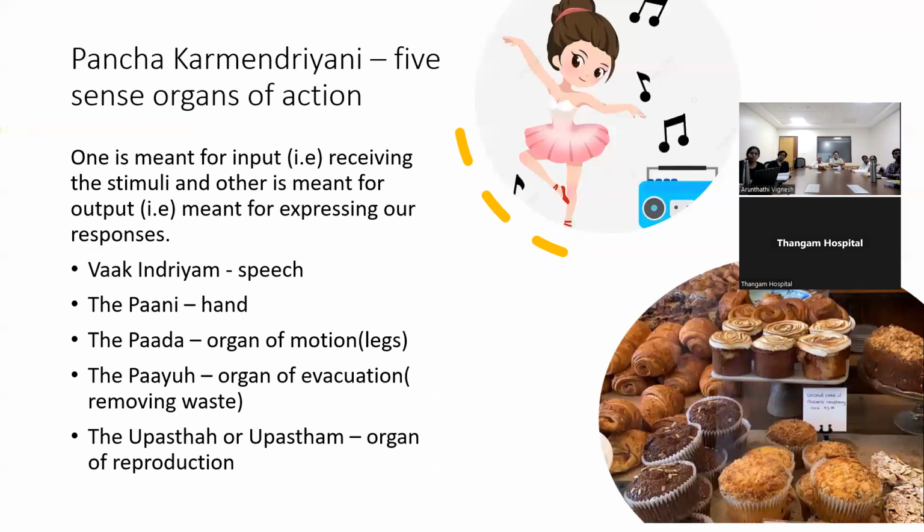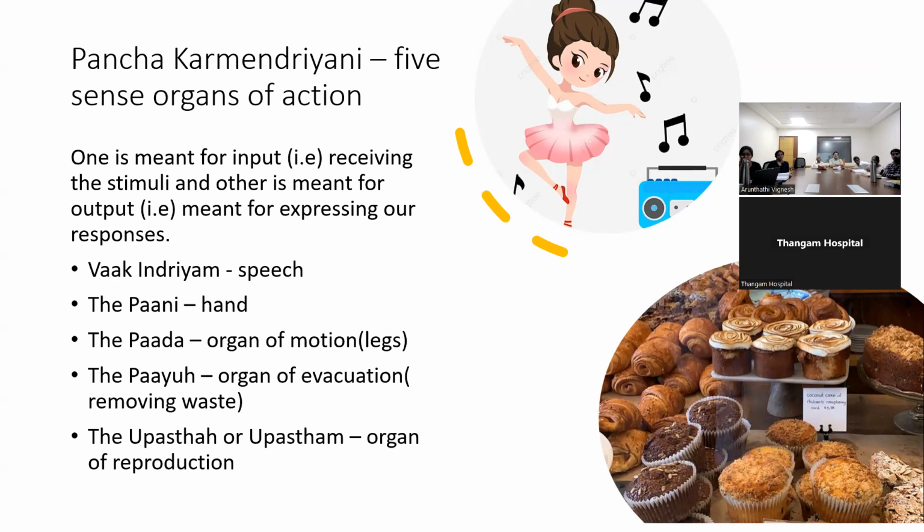And the next 5 are the Pancha Karmendriyani, the 5 sense organs of action. One is where we receive input, and the other is meant for output. Without one, the other cannot function.